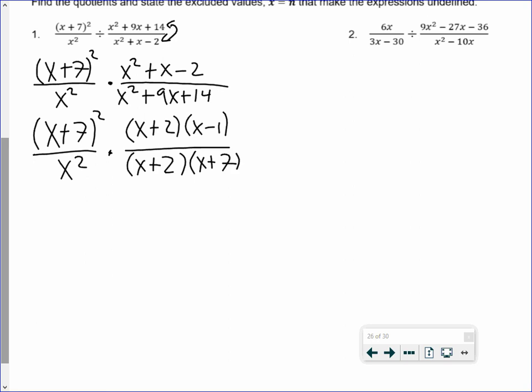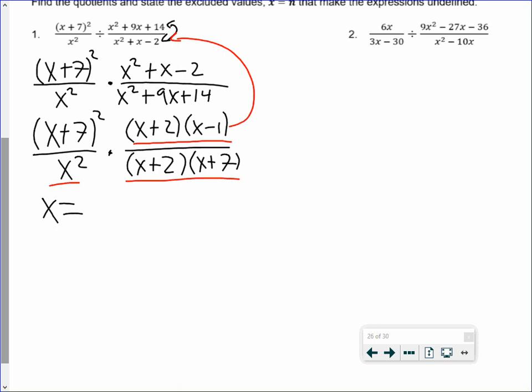Okay, now that everything's factored, we want to find the excluded values. The excluded values of x are going to come from the denominator of the first term, the denominator of the second term, and the numerator of the second term. We want the numerator as well because this (x plus 2)(x minus 1) used to be a denominator in the original expression, since x squared plus x minus 2 factors into (x plus 2)(x minus 1).